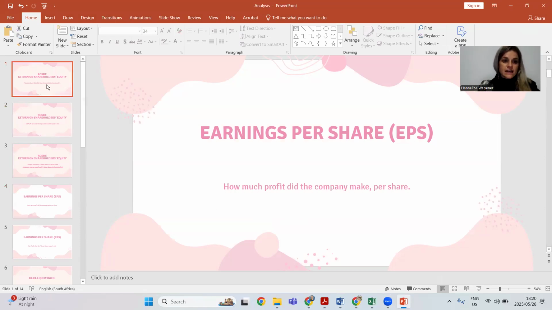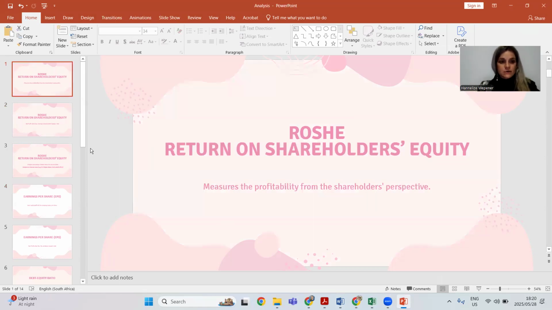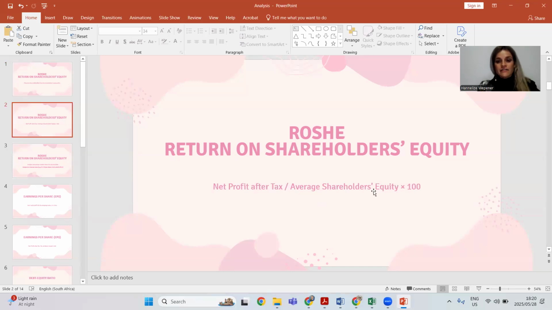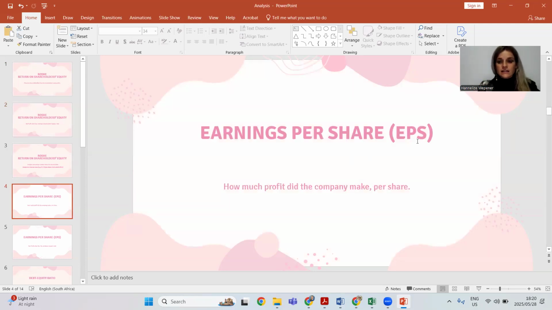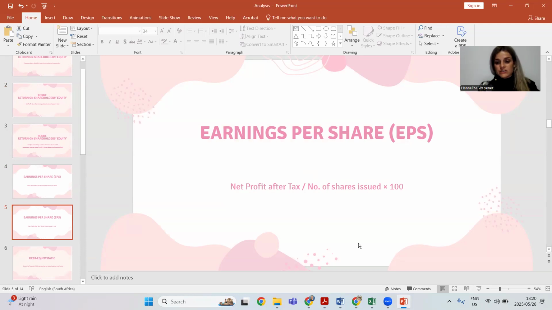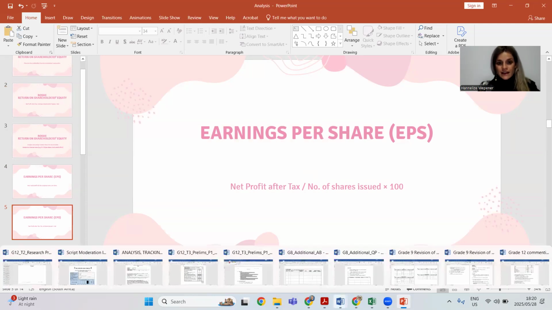When we looked at our return on shareholders' equity, it was the profits over the average shareholders' equity, the amount. Now we're looking at it per share, so it's the number of shares. We do that by taking the net profit after tax divided by the number of shares in issue, times 100 to get the cents value.